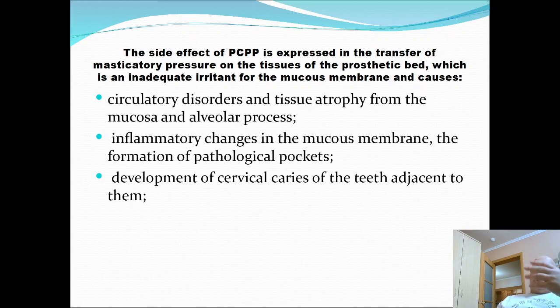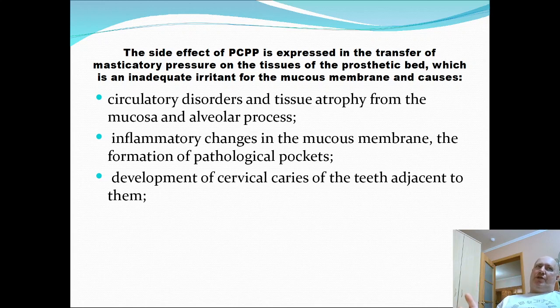Because you don't include your patient's own teeth in spreading your chewing pressure, which is an inadequate irritant for the mucous membrane and causes circulatory disorders and tissue atrophy of the mucosa and alveolar process.